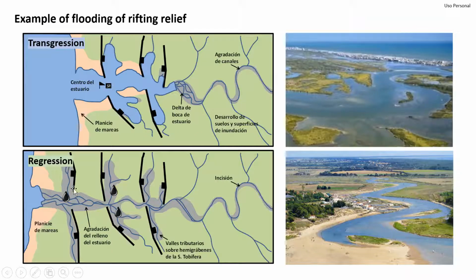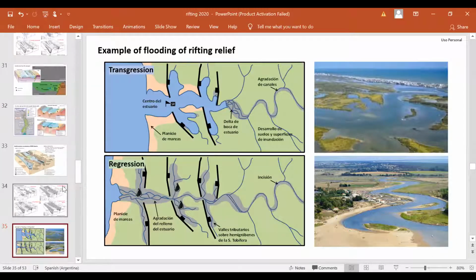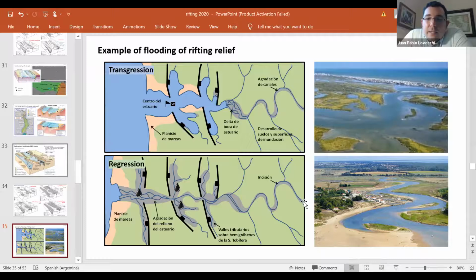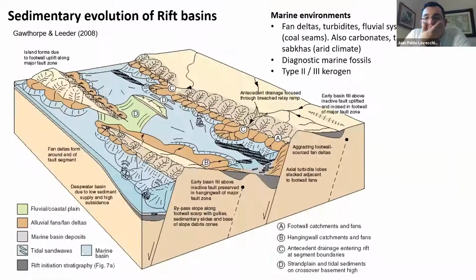Okay, Juan Pablo. The next question is, is there any preference for sediments coming from the boundary fault boundary or the hanging wall boundary? It's a very good question. Obviously, both boundaries of the depocenters are very different.